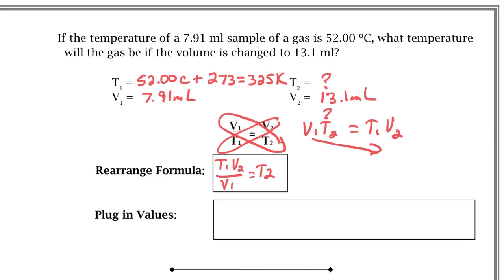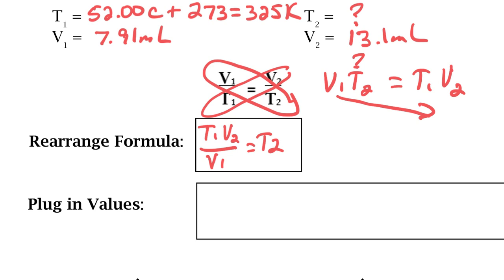Now I'm going to substitute my numbers in, just like we did yesterday. You can write it the other way, that's fine. As long as you have this format, it doesn't matter which side I have the other one on. So T1 was 325 K. V2 was 13.1 milliliters.